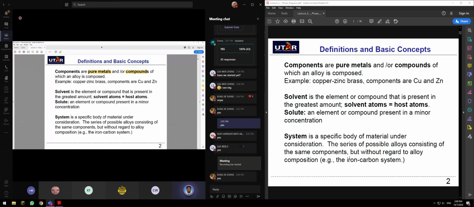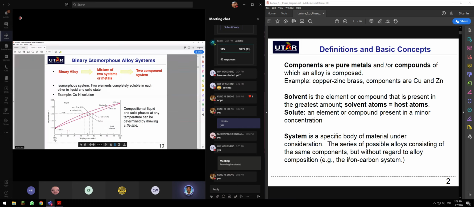For example, copper and nickel. Can you see this? Copper and nickel. I will explain this in a while. This is where the composition will be on the phase diagram.